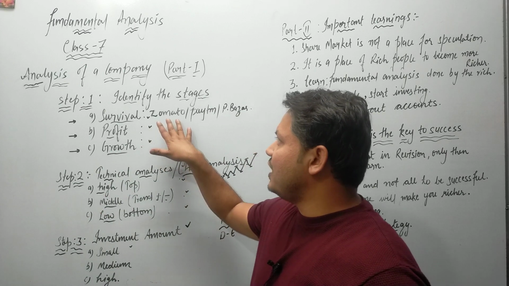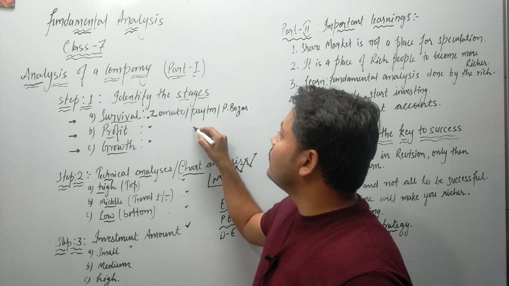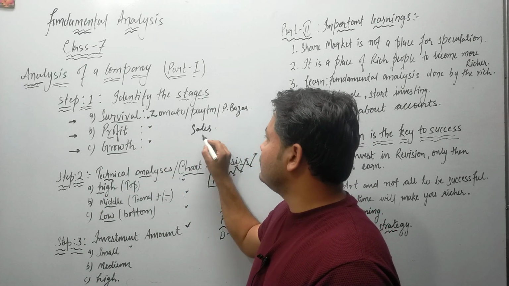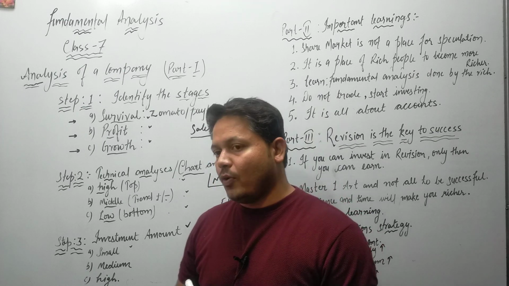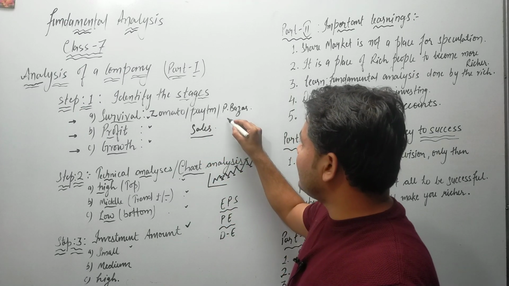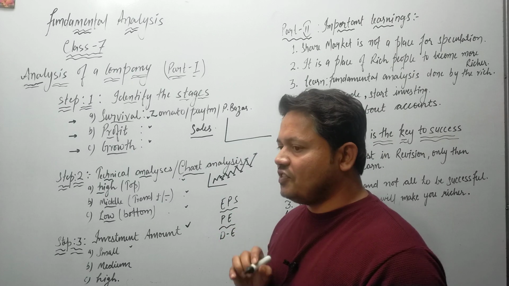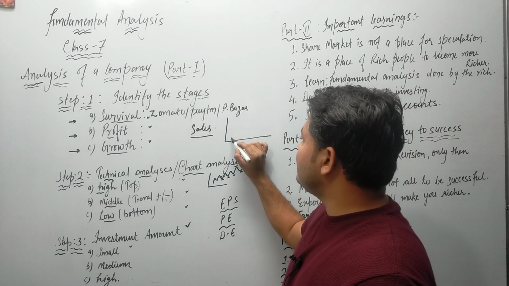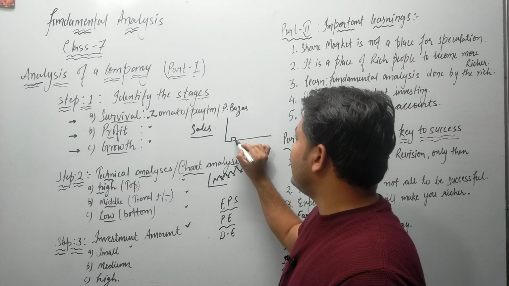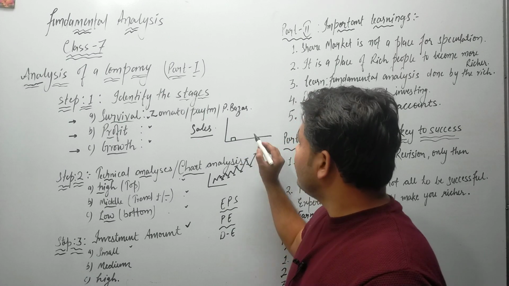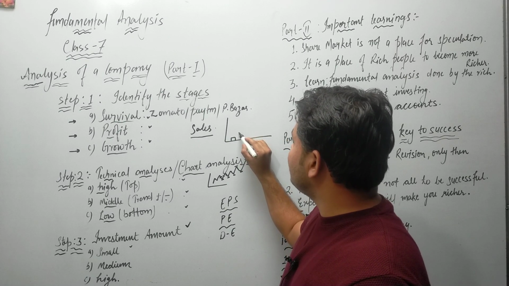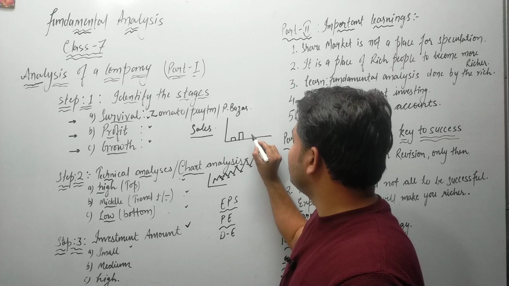See, these are the stages related to sales. This is something very important. The sales of the company, if we make bar charts: in the first year the sales of the company were this, the second year the sales of the company were this.